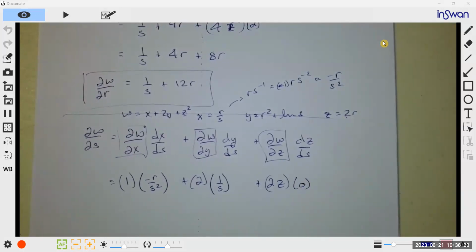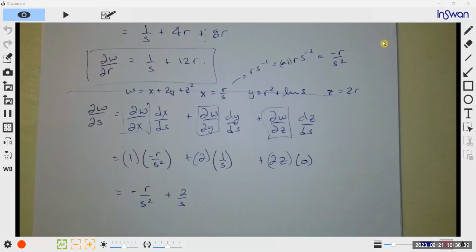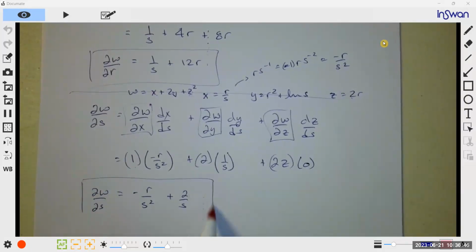It's a constant. The first one is negative r over s squared plus 2 over s. So that's my partial with respect to s.